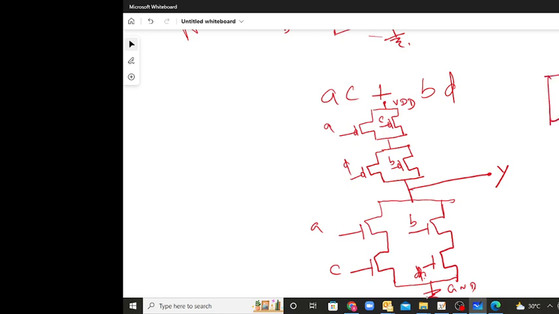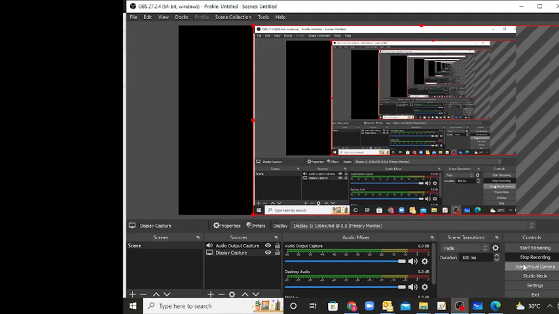You have a P network and an N network, the N network is connected to ground, and this is connected to the VDD power supply, and in the middle you will have your output Y. You can see the slides, and if you have any doubts you message me.